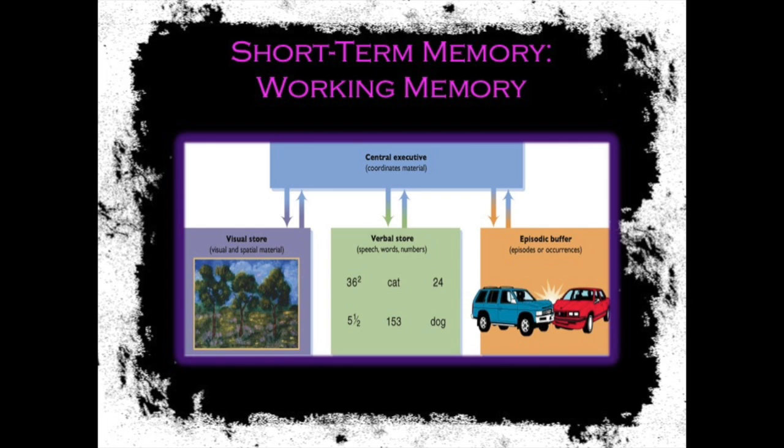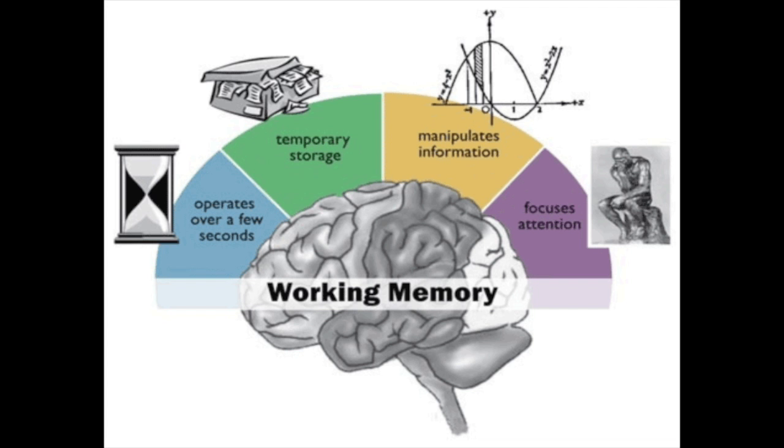So we were just talking about short-term memory from the information processing model, but there is an alternative theory of short-term memory where it's maybe better described as working memory. And actually this model has gained a lot of momentum. It's becoming a lot more popular.